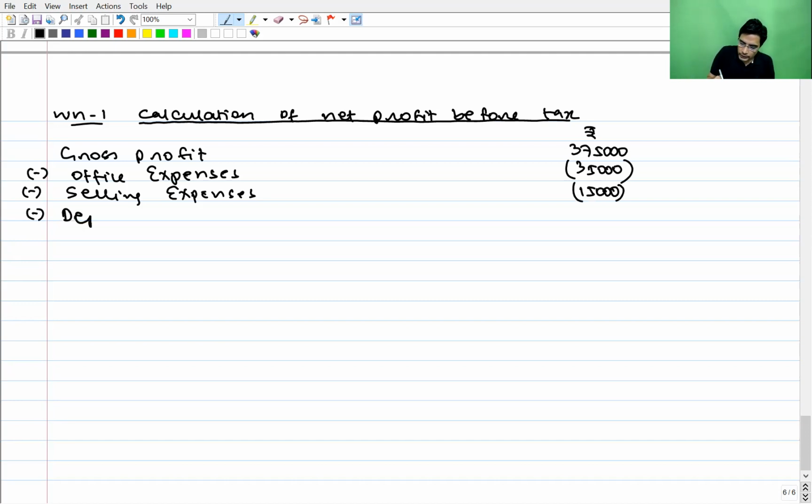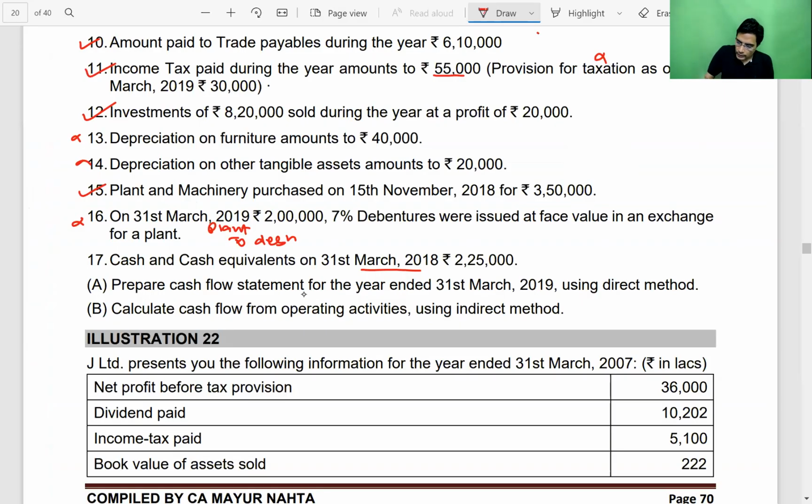depreciation. Depreciation has been given towards the last part of the question. I will show it to you. 40,000 depreciation they have given, and on other tangible assets depreciation 20,000. So total depreciation is 60,000.